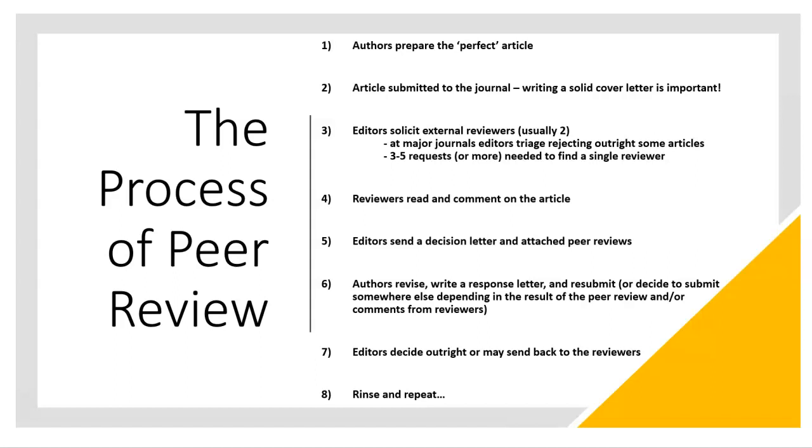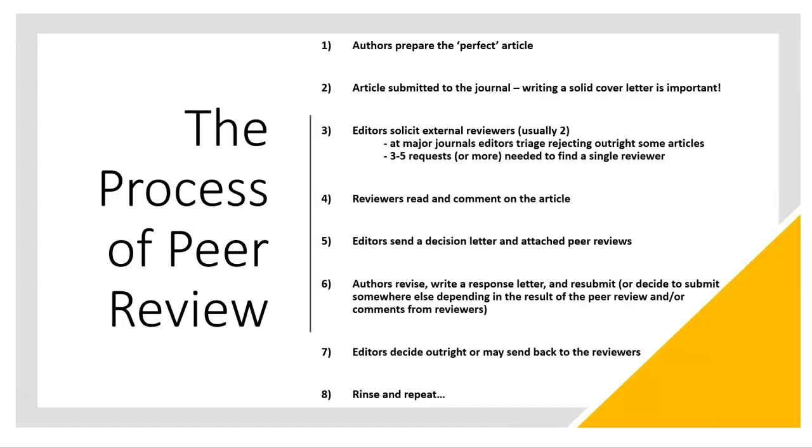I want to say 3 to 5 requests, depending on the discipline and the journal, might even be a higher number, right? That's why it sometimes takes very long. Then reviewers read and comment on the article, and they usually get a time limit: please review this within a month, 2 months. Usually a month is what I see a lot, and what I've certainly experienced.